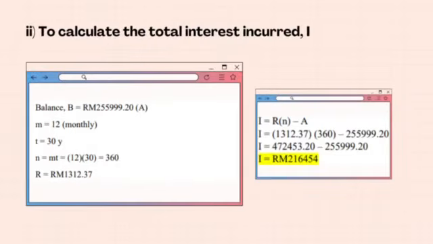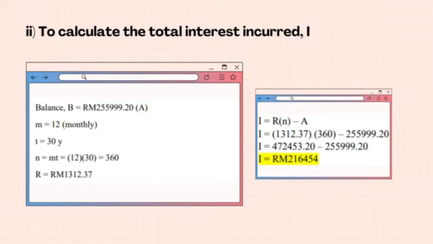To calculate the total interest incurred I, we need to first list down the keywords we get from the question. We use the formula I equals R times N minus A. To find I, we get R in bracket 1,312.37, close the bracket, and open the bracket for the N, we get 360, close the bracket, minus 255,999.20.